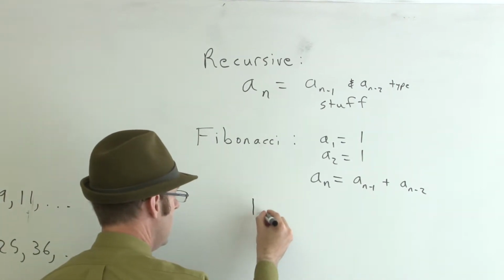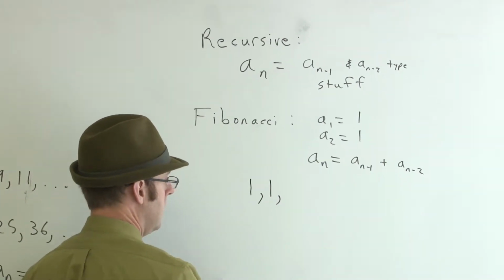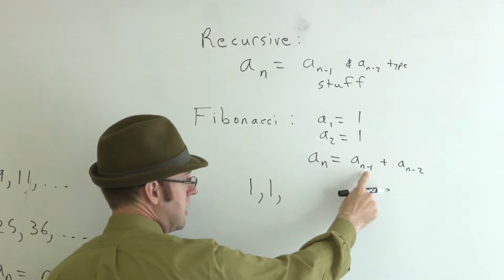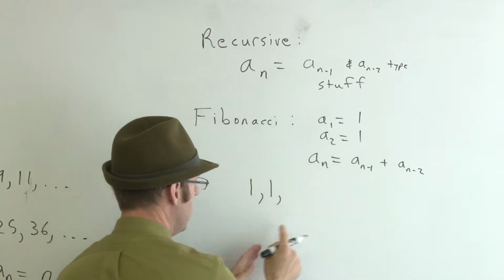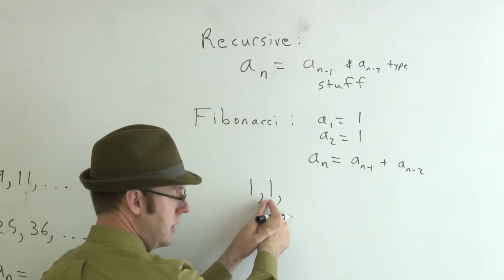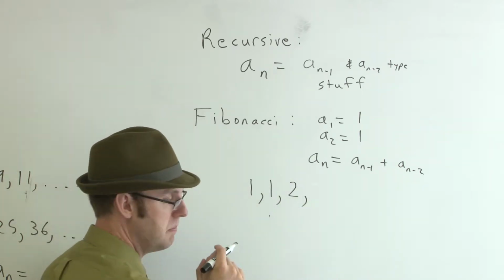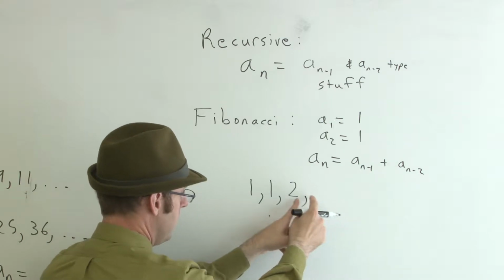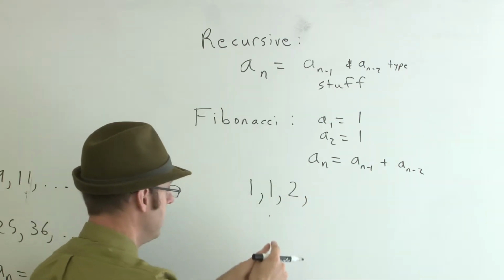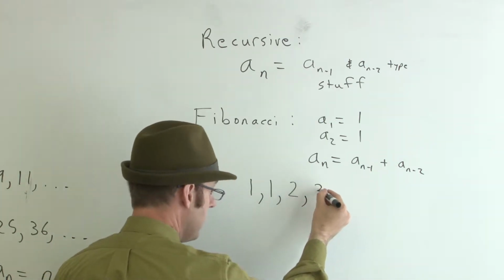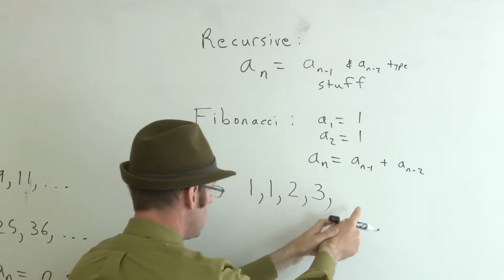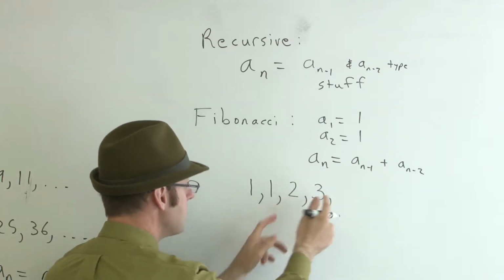So if I have 1, 1, a3 is going to be a2 plus a1. The third term is going to be the second term plus the first term. 2. My fourth term will be my third term plus my second term. 2 plus 1 is 3. My fifth term will be my fourth term plus my third term.